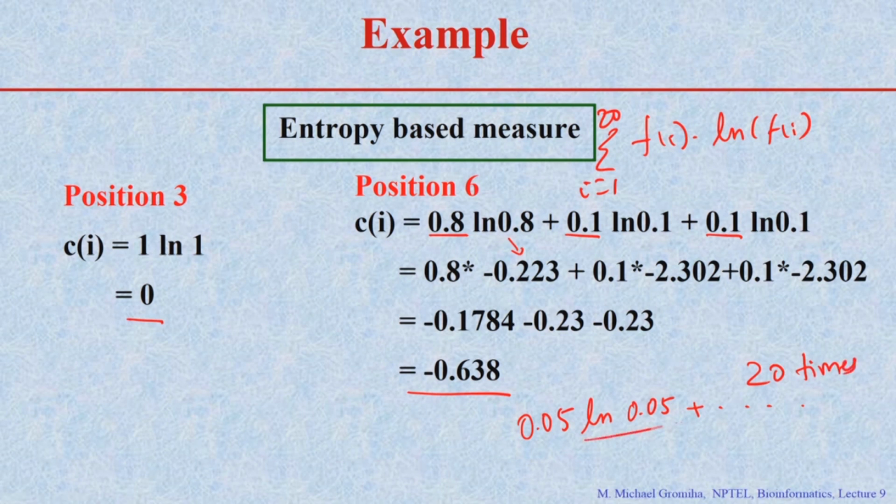You get the logarithm of 0.05, multiply by 0.05 and then by 20. If you compare these two values, 0 and 0.638, which one is conserved? 0 is conserved, because if all the positions are occupied by the same residue, it is highly conserved. Here the values go negative. If it is highly variable, the score goes lower because it gets more negative values.